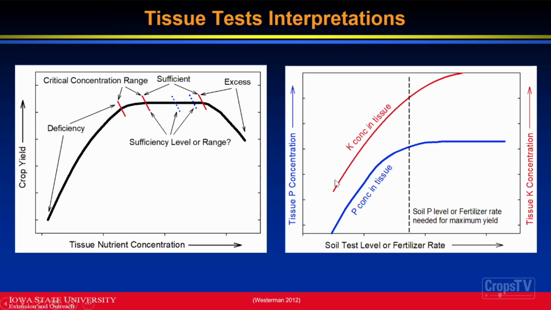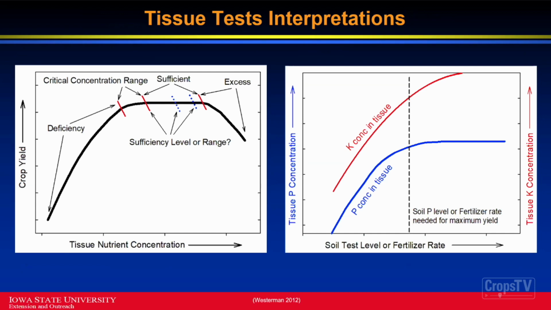For example, if you look at the potassium, the red curve, as the soil test level or the fertilizer rate increases, then of course the concentration of potassium, in red, increases. Now what happens? If we assume that this vertical dotted black line is the level that is actually needed, then if we apply more than is needed, or there are higher levels, the potassium in the vegetative tissue still keeps increasing.